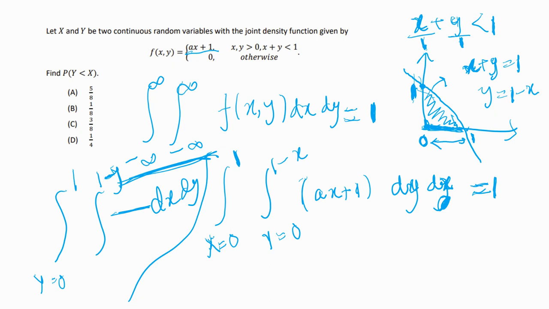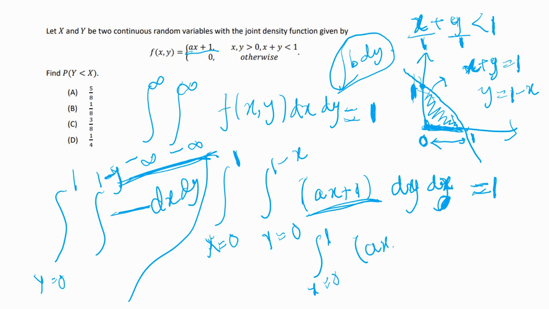Now we can do the integration. Firstly we are doing it with y. So ax plus 1 is constant, just consider it as b dy. So b dy is what? By just. So it will be x ranging from 0 to 1, (ax plus 1) y, with limits of y from 0 to 1 minus x, dx equal to 1. Okay.